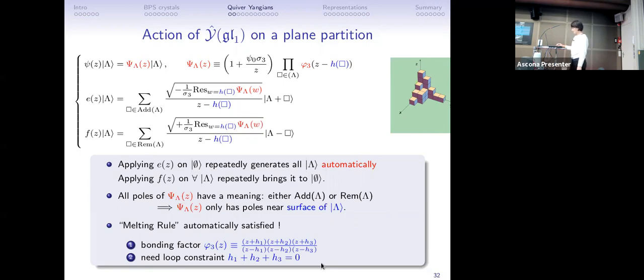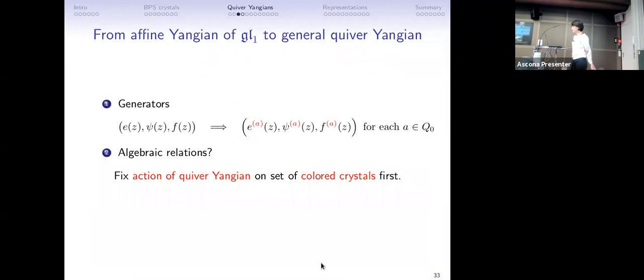So for the general case, what are we going to do? We see that this E, phi, F triplet is just for one node. For the general toric Calabi-Yau, we have many different colors. For each vertex in your quiver, we'll have one triplet, so each color has its own Cartan, raising and lowering operator.